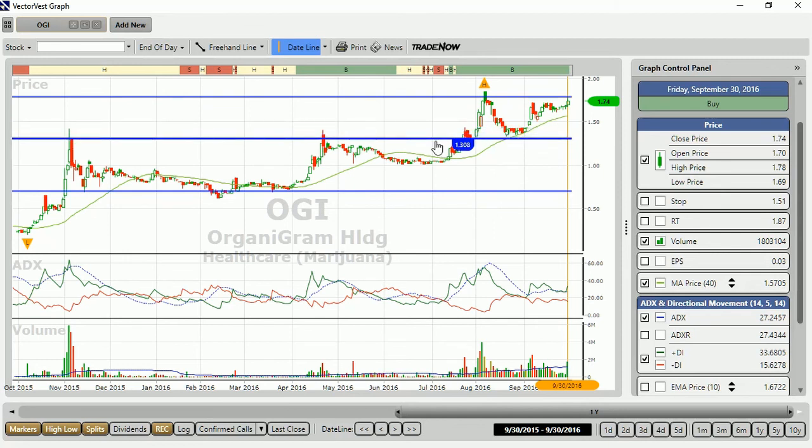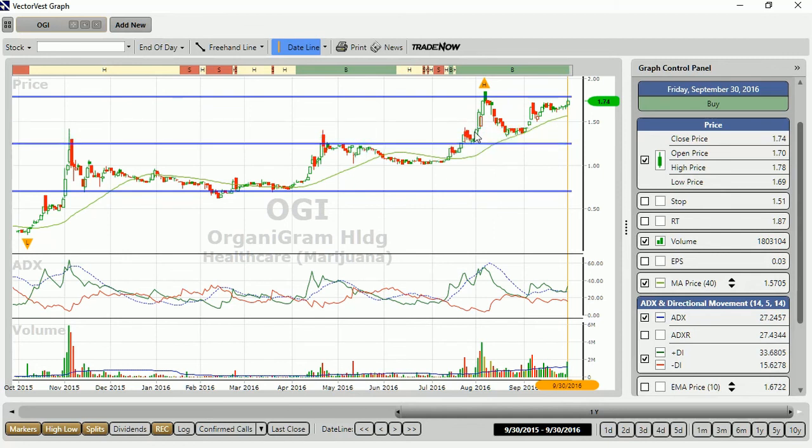And from this support area up to there, that looks like $1.25 to $1.80, so another 65 cent move or so. So we're in that sort of 65 to 80 cent move that we could count on. So if we look at our $1.74 and add 70 cents to that, that would give us $2.44 profit target.